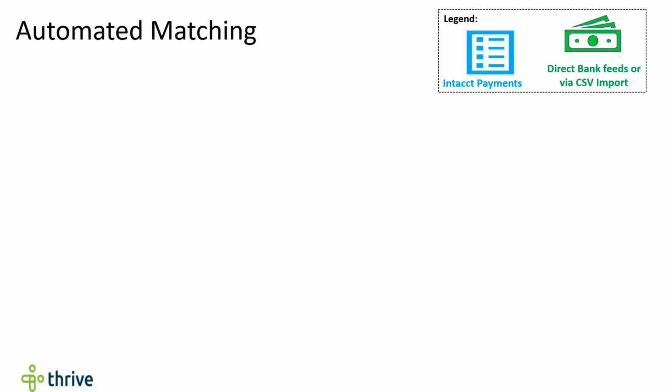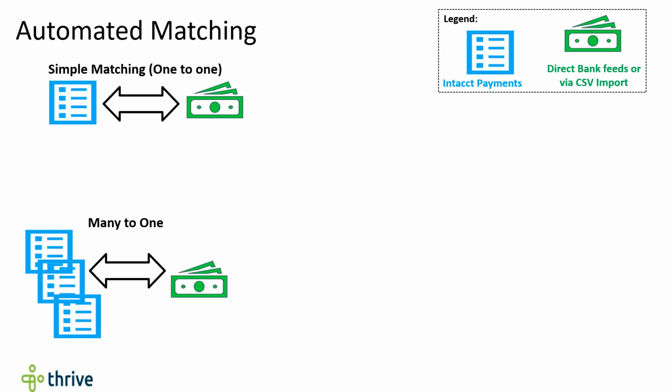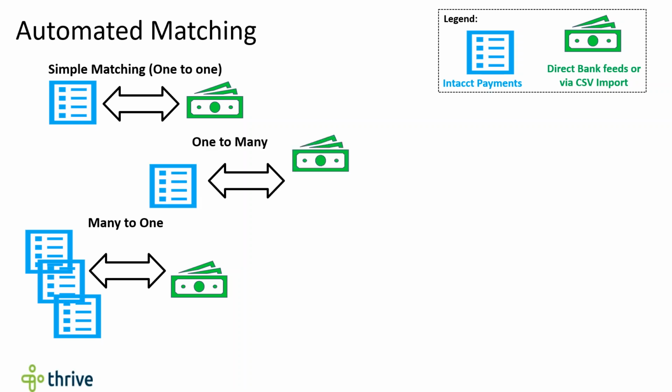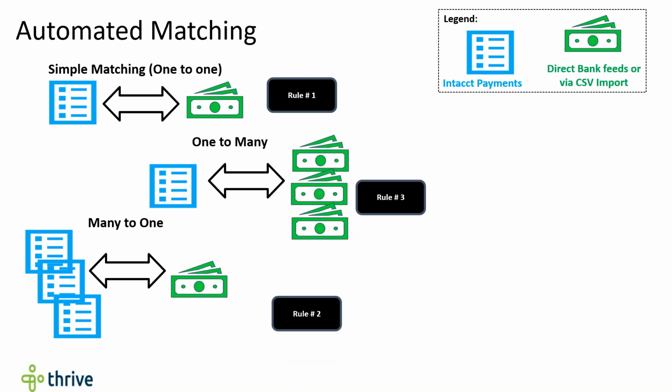If we just have a quick look at this particular slide, this talks to the bank rules that you're able to set up. What happens is you set up individual rules, and there's a whole lot of different ways that you can do this. You've got simple matching, which is basically just one-to-one, many-to-one, one-to-many types of rules. Let's just say that's rule 1, 2, 3.